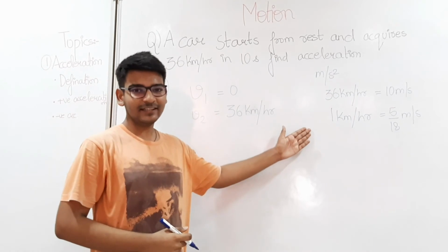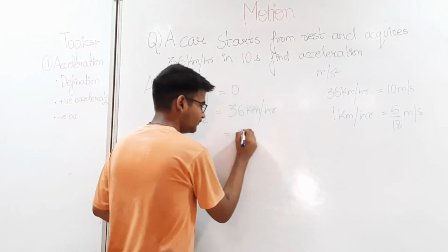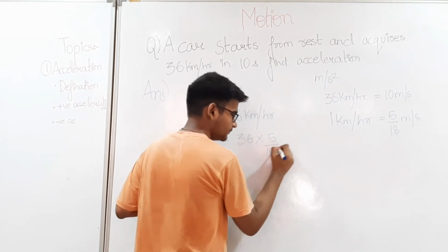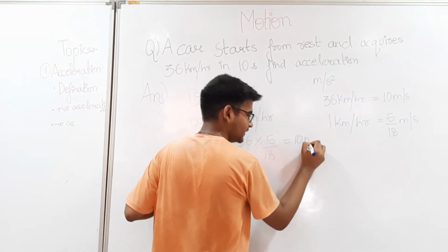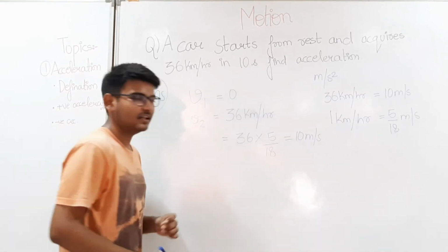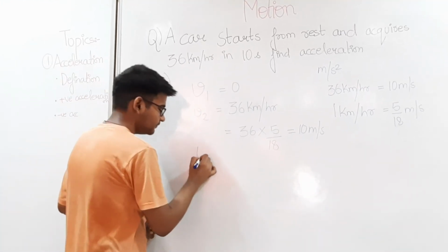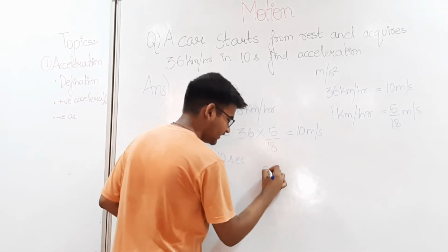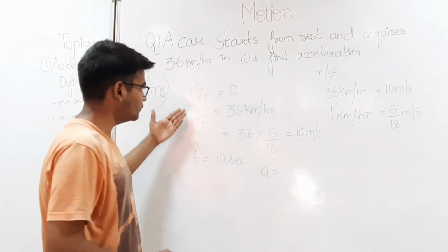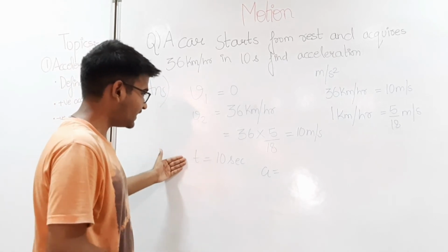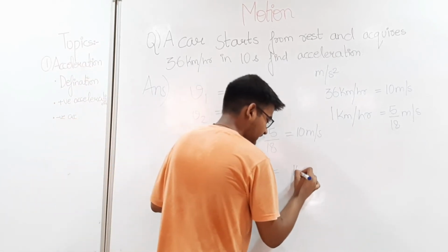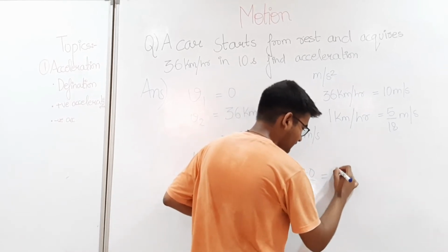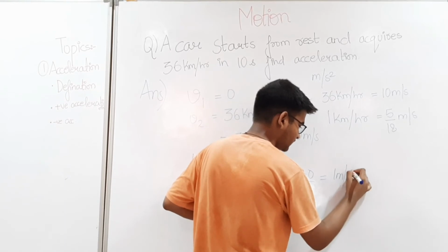So using this conversion, this will be 36 into 5 upon 18, that will be 10 meter per second. Now the time interval is 10 seconds. So acceleration will be v2 minus v1 upon time interval, that will be 10 minus 0 upon 10, that will be 1 meter per second square.